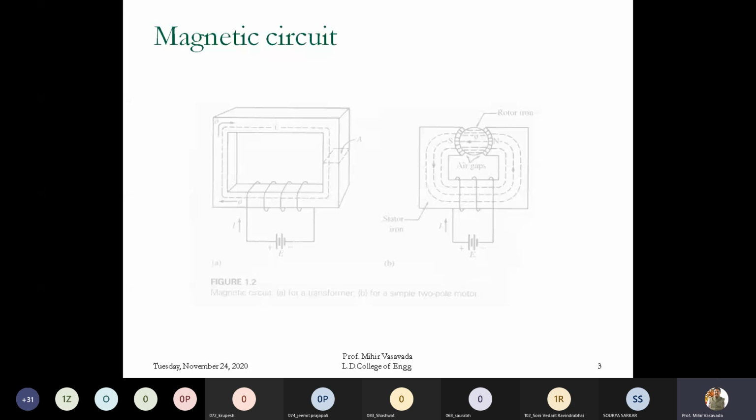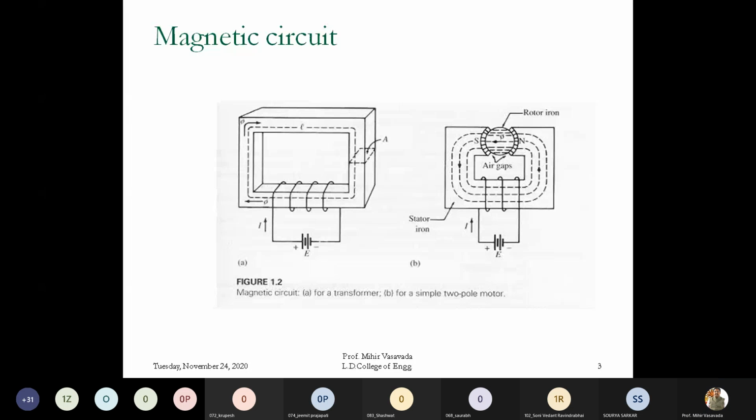So this is the magnetic circuit in which you can see a source, and we are doing an analogy. For example, you can take on the left hand side a transformer type of circuit in which there is a source to produce magnetic flux, and the flux is passing through the core, right?